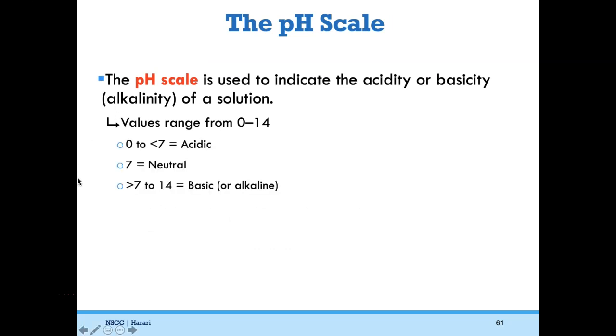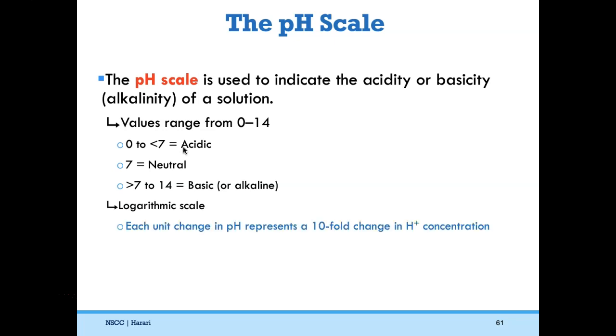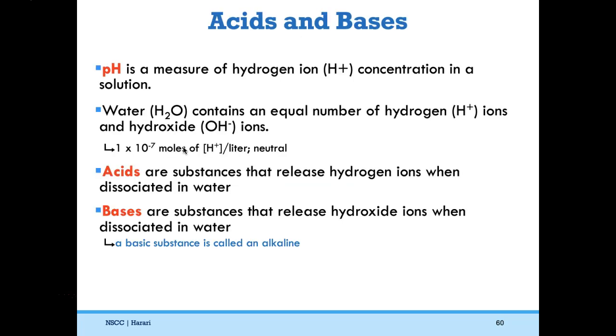If you have a number that's less than 7, that means you are acidic. A pH of 0 is the most acidic you can get. So the lower the value, the more acidic. Again, it's a little confusing, and I hope it doesn't confuse you, but it's a negative exponent. If you do 1 times 10 to the negative 3, that's a much bigger number than 10 to the negative 7.